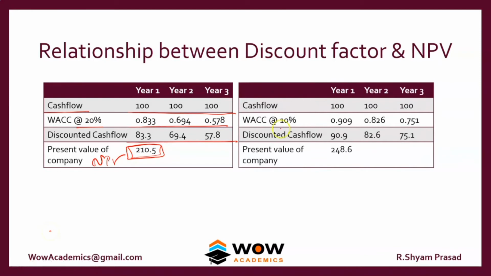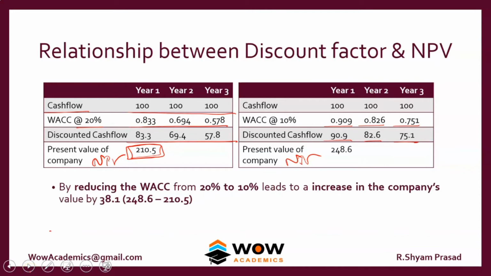Now what we'll do is we'll reduce the WACC to 10. From 20 we will reduce it to 10. So these are the numbers, these are the discount factors, these are the cash flows. So this is our NPV. Look at our NPV now. NPV has become 248.6.